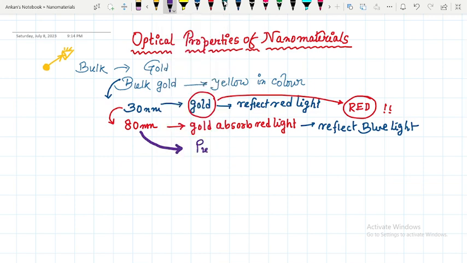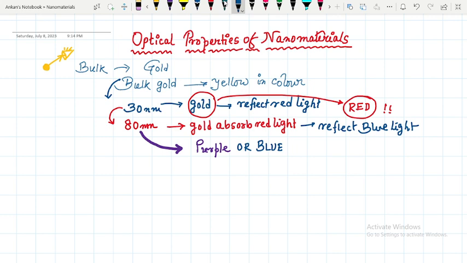It may look purple, or it can look blue in color. So from this example, you can easily find out that by reducing the size, some interesting properties arise inside the material, which can classify them according to the color.